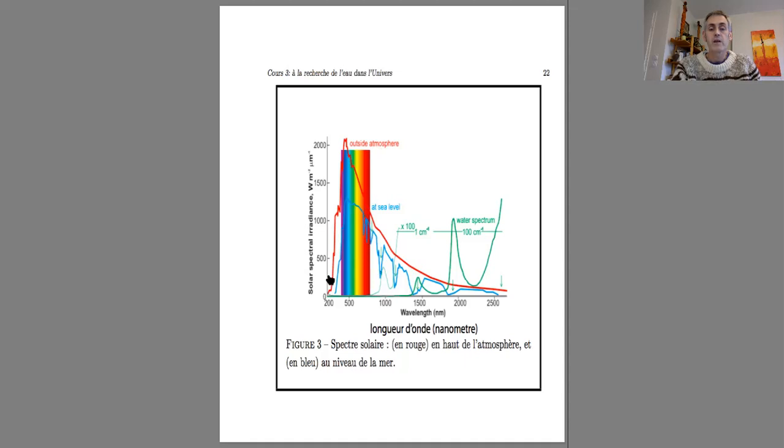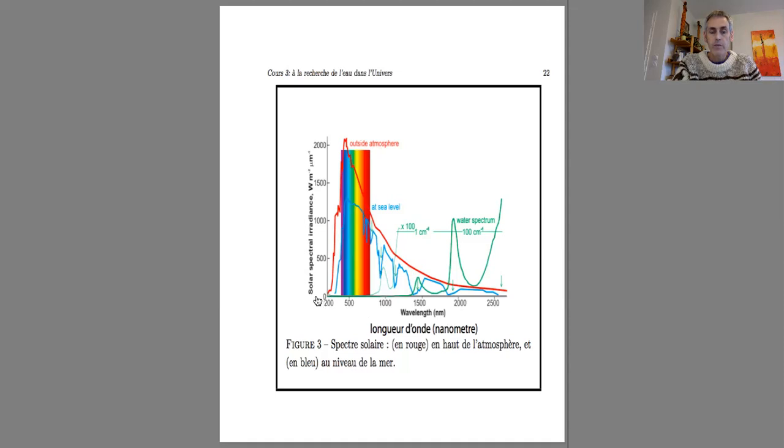And you might notice the rainbow here, the colors of the rainbow. That's to show you where the visible part of the spectrum is, because color corresponds to wavelength, right? So here about 800 nanometers is red light, and blue light is 500.